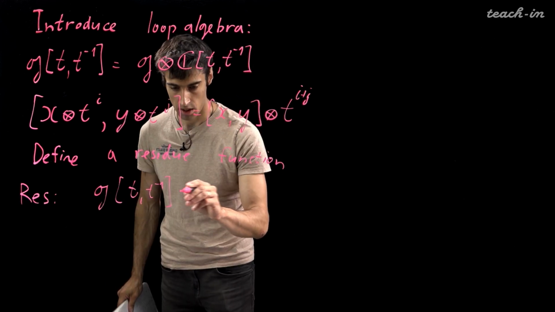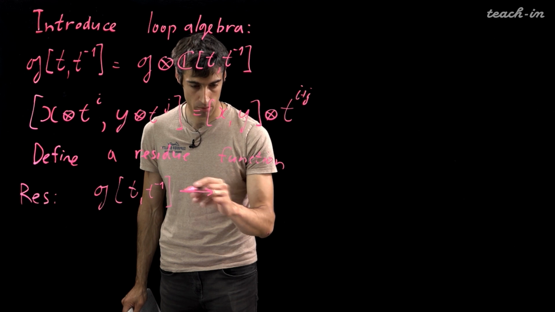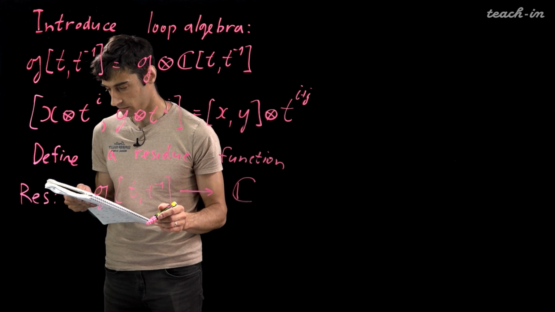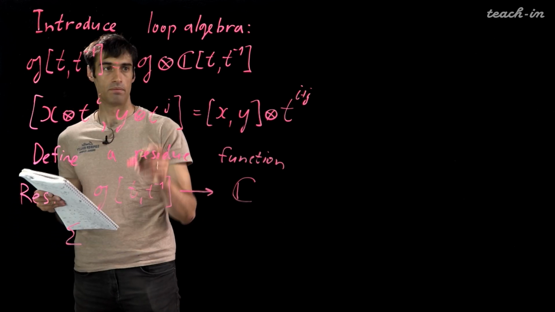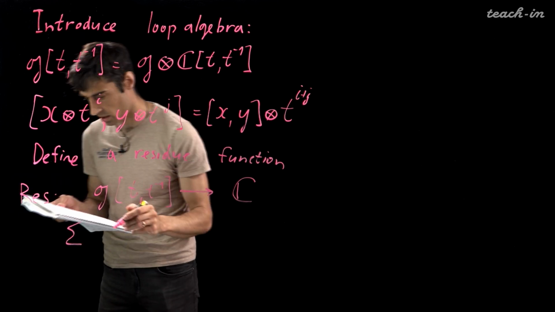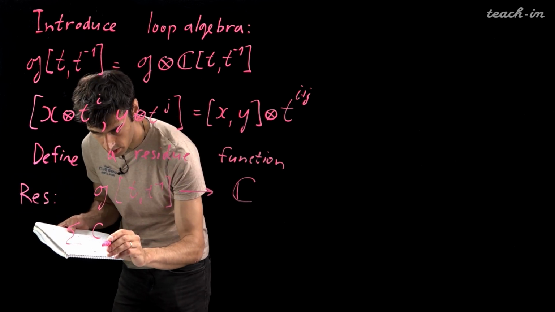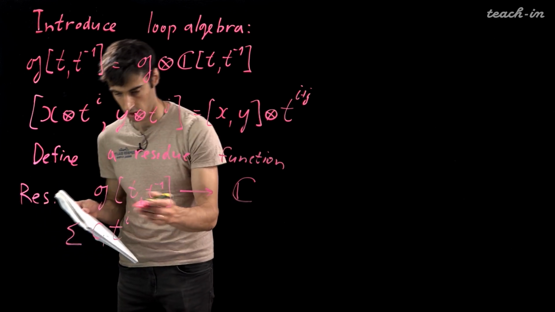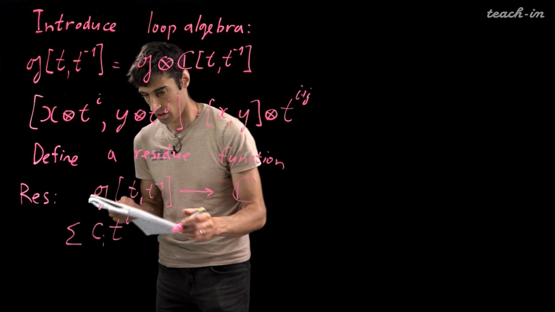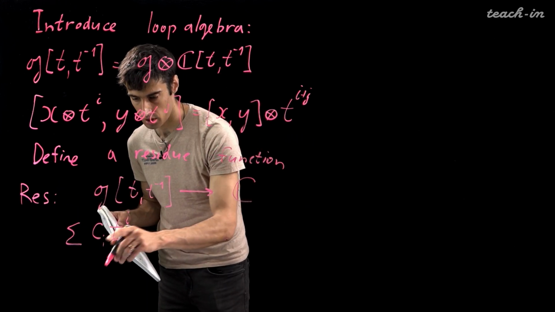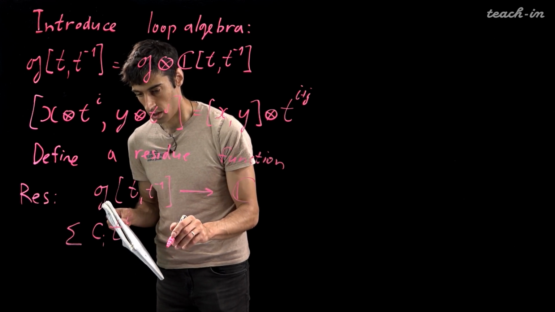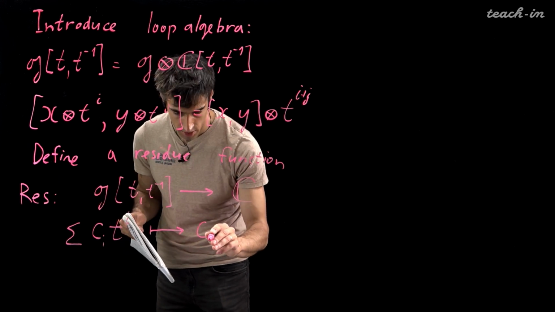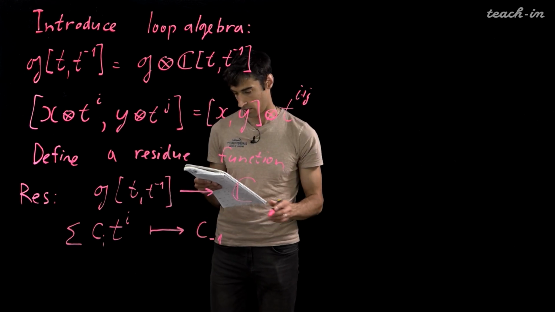So this is a map from here to complex numbers, and I just take an element here, which is a sum of some powers of t with some coefficients, a finite sum. I take this and see what is the coefficient for t inverse, and this is my value of res.